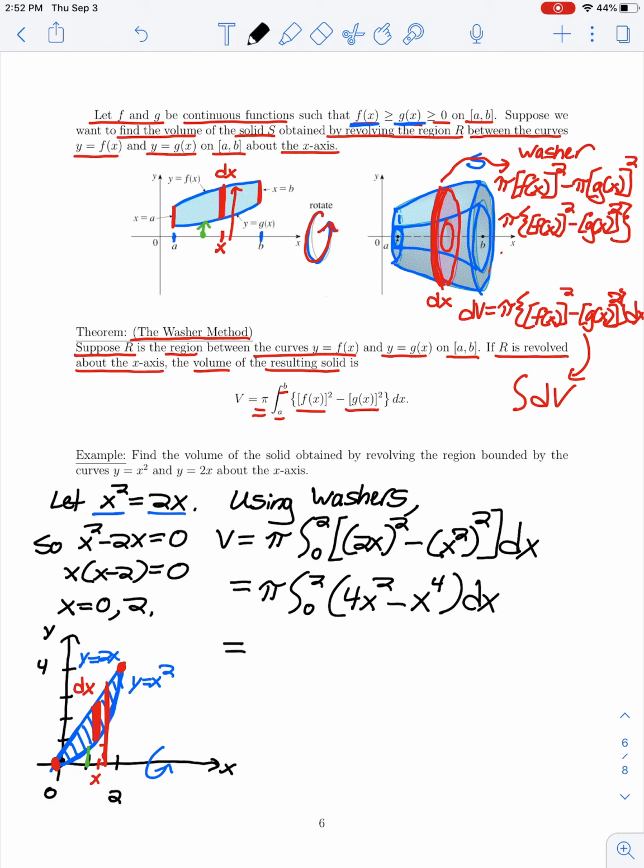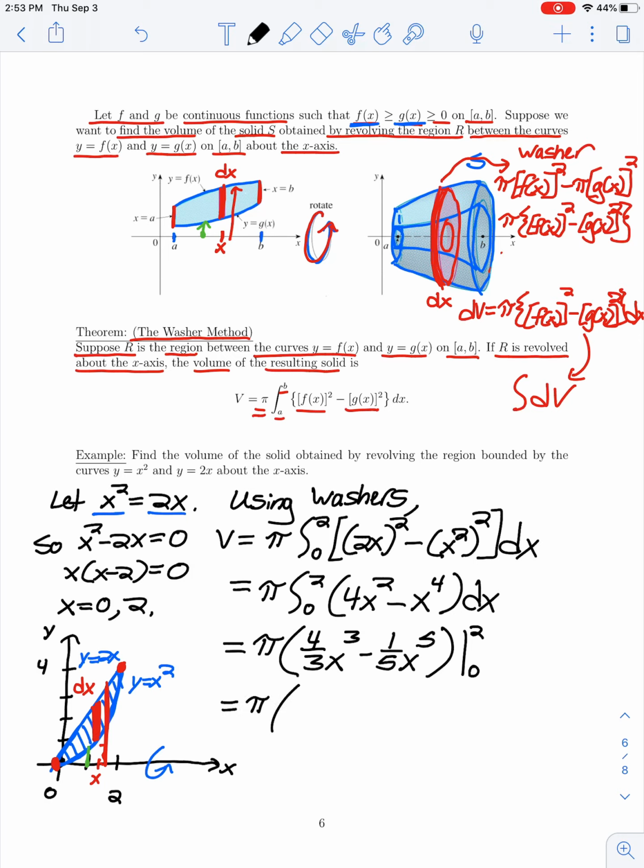So an antiderivative for this function is pi times 4/3 x cubed minus 1/5 x to the fifth. And we're evaluating from x equals 0 to x equals 2. So let's see what we have. We had a constant pi out in front.